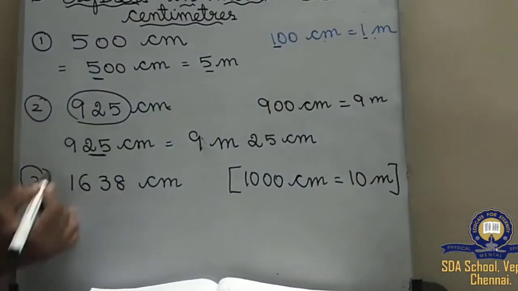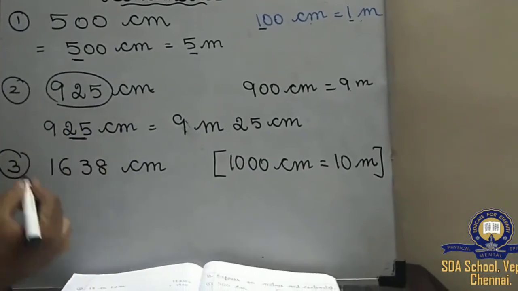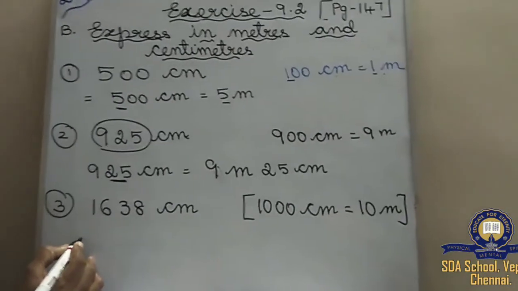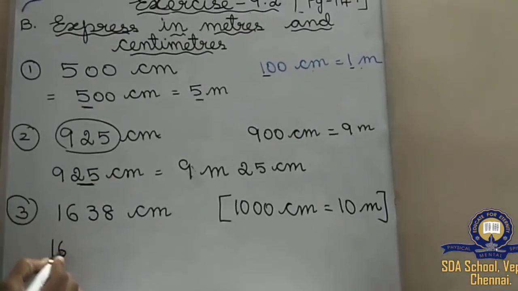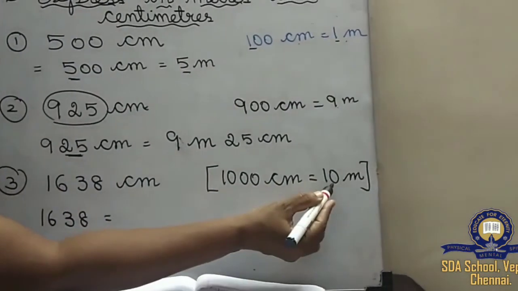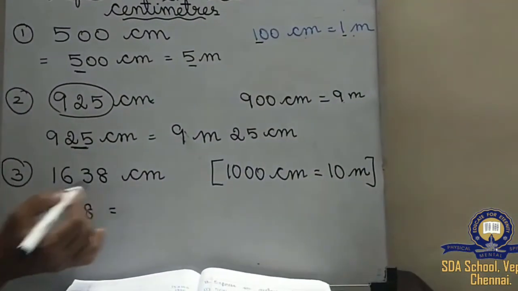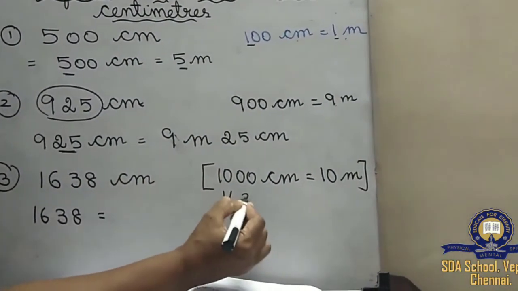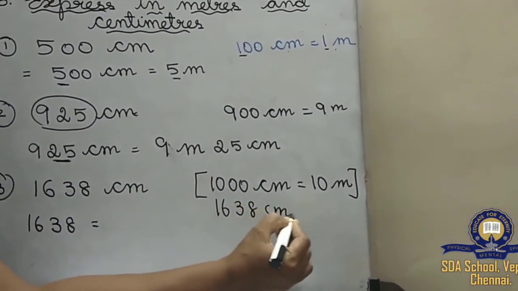So here 1000 is coming. So what will come, children? 1638 centimeter means what will come?